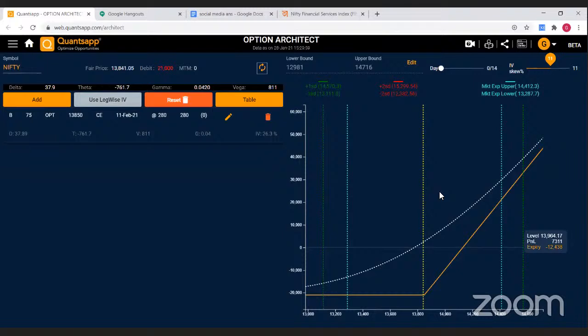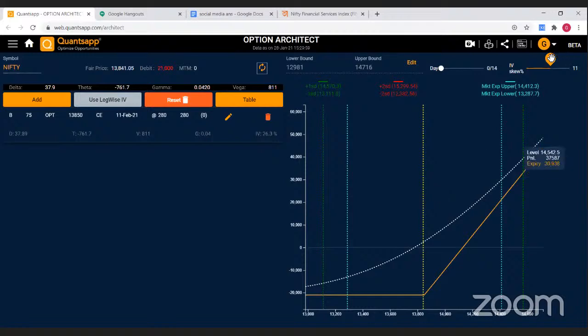So when you are buying an option and volatility is going up, that is good for you, not good when you're selling. And when volatility is going down and you're selling an option, that is good for you, because while writing an option you want the premium to reduce and reduce, and for that you want volatility to cool down.